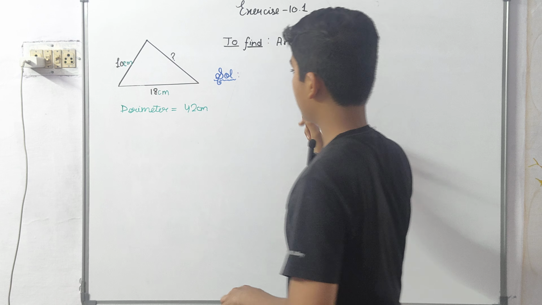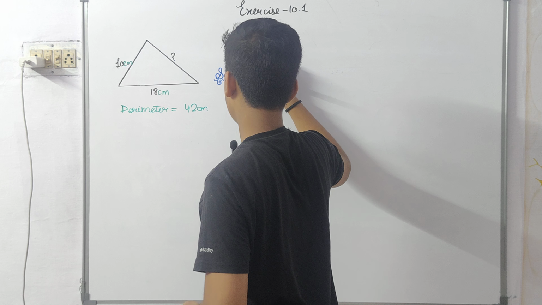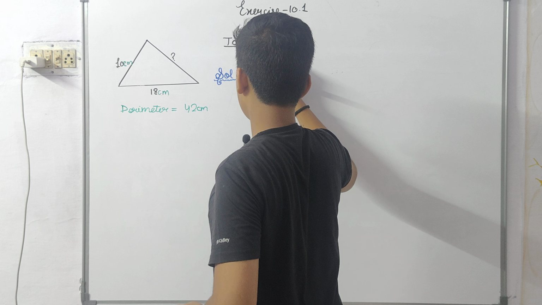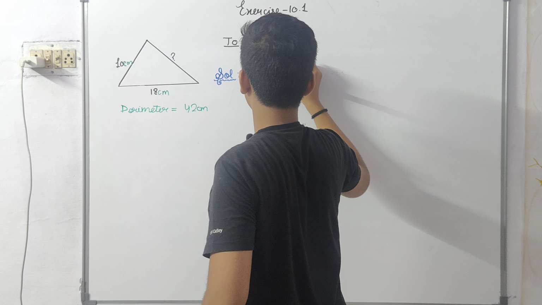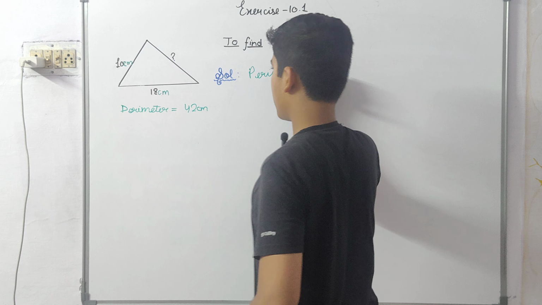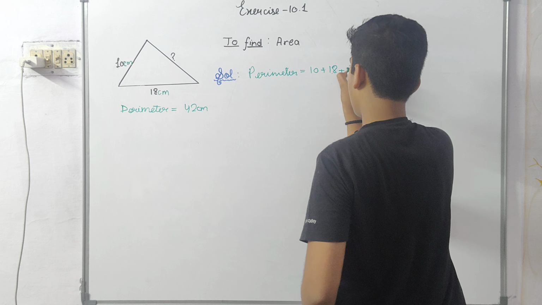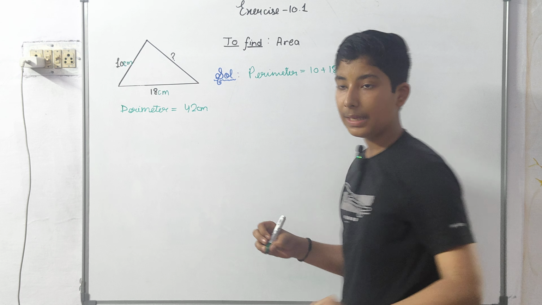What would we do in the first step? We'll find the third side. Perimeter equals 10 plus 18 plus x. Let this side be x.